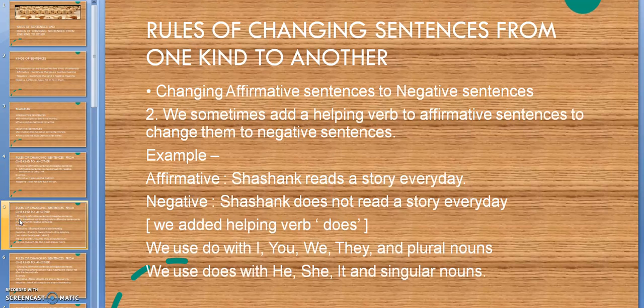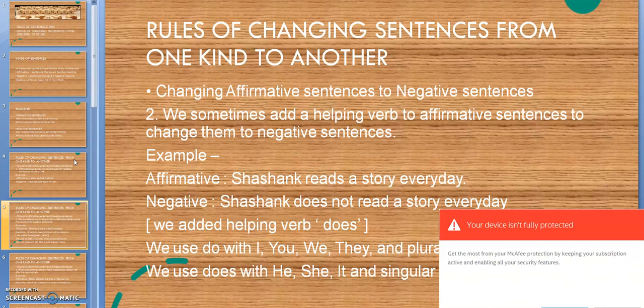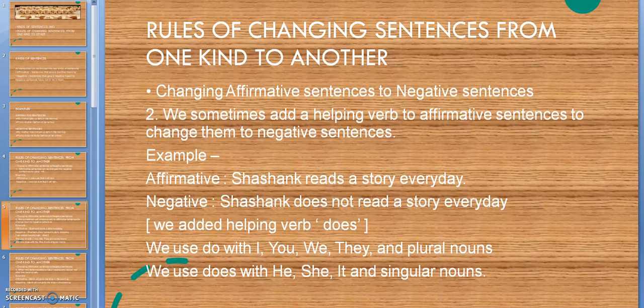When we change affirmative sentence to negative sentence, we sometimes add a helping verb to affirmative sentences to change them to negative sentences. For example, Shashank reads a storybook every day. Negative, Shashank does not read a storybook every day.